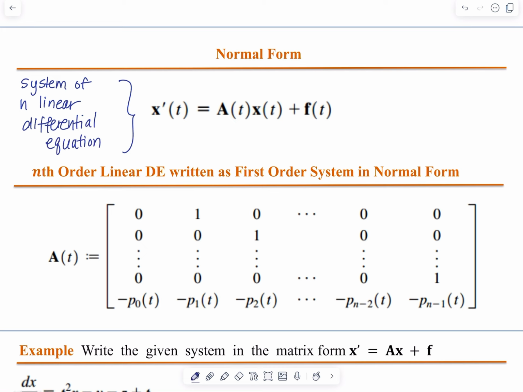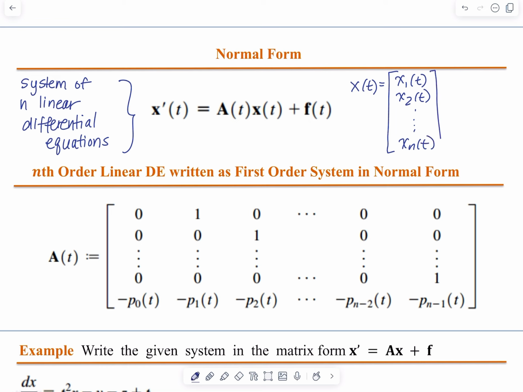Of course, here we have our unknown vector, so we say that x of t is a column vector, and of course we have x1 of t, x2 of t, to xn of t.